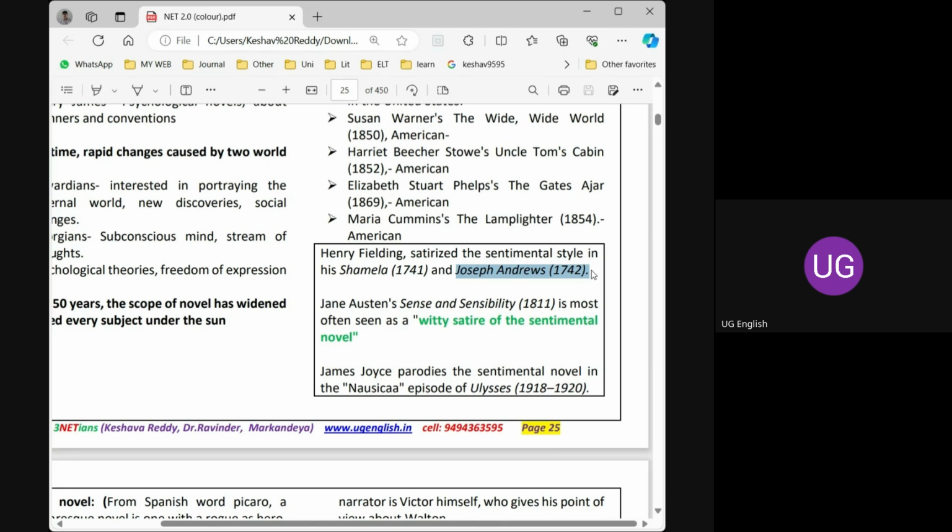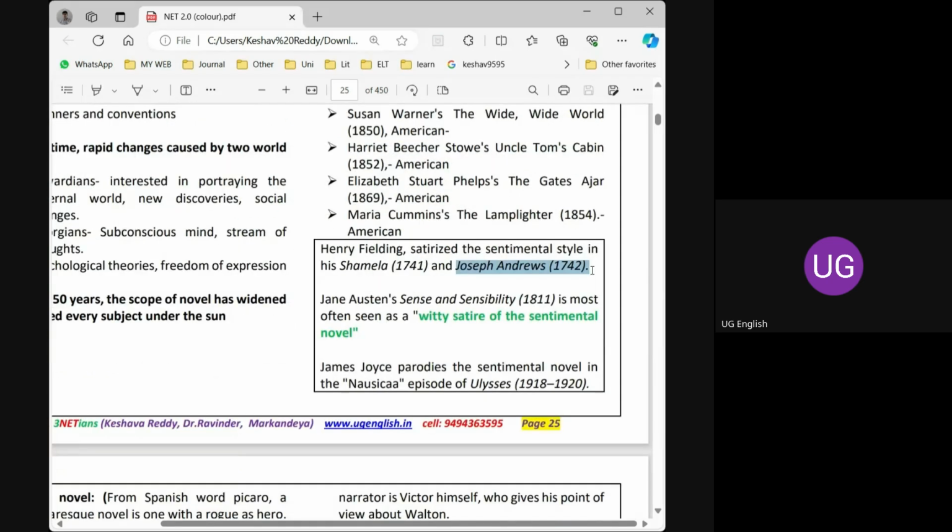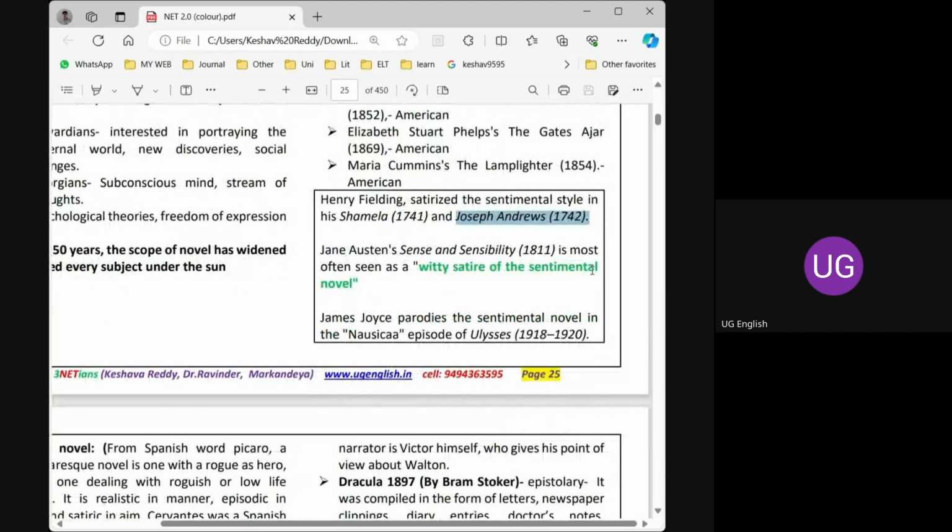Just remember the connection. Joseph Andrews is the brother of Pamela Andrews, again a virtuous man. So the first story, Pamela, is about a virtuous girl, and Joseph Andrews is about a virtuous boy. Simple connection. Just try to memorize it.